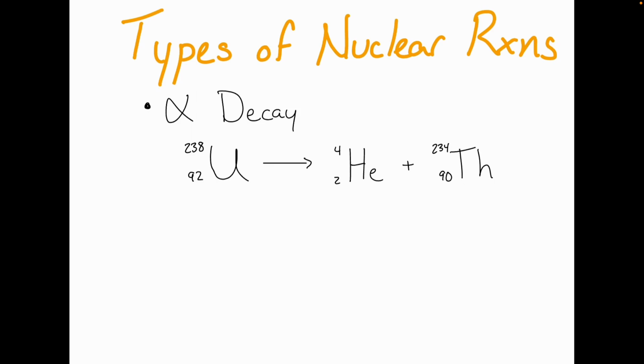All right, so some terminology here. The thing that you start with that ends up falling apart, this is what's called the parent nuclide. The other big chunk is what's called the daughter.